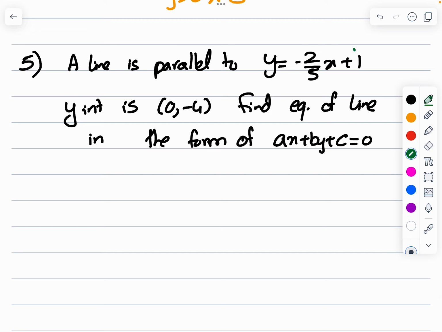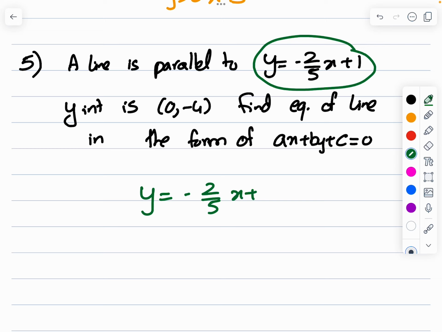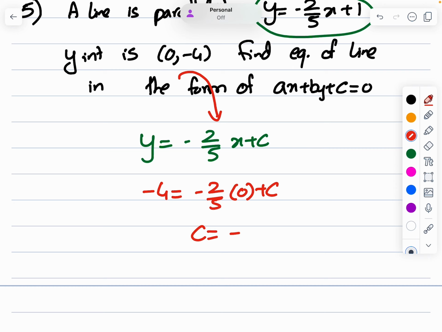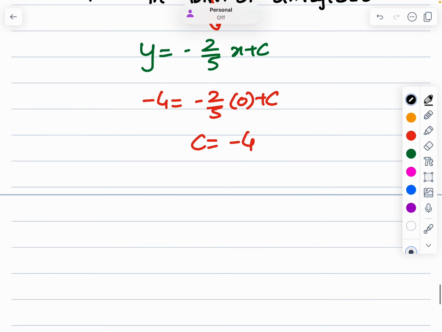Now again, once it is parallel, y equals minus 2 upon 5x plus c. Now what is the y-intercept? (0, negative 4). So negative 4 equals negative 2 upon 5 times 0 plus c. So what is the value of c? Negative 4. So the equation is y equals negative 2 upon 5x minus 4.